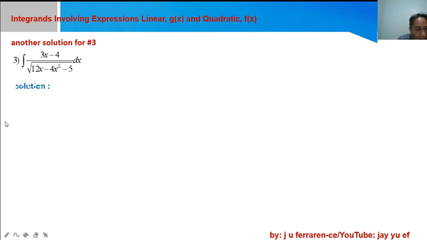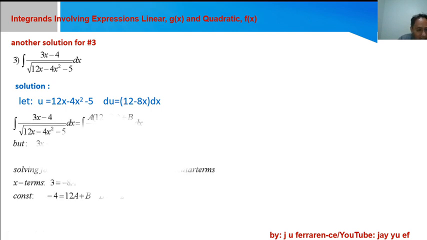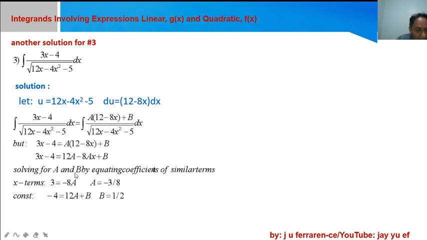Okay? Now, I want to rewrite my linear function in the given to be the same as the DU when I evaluate the derivative of my quadratic, which is this, and that is 12 minus 8x. Now, immediately, I have to copy this in my numerator side as this one: 12 minus 8x, and I have to put an unknown constant A here, which I will determine later.